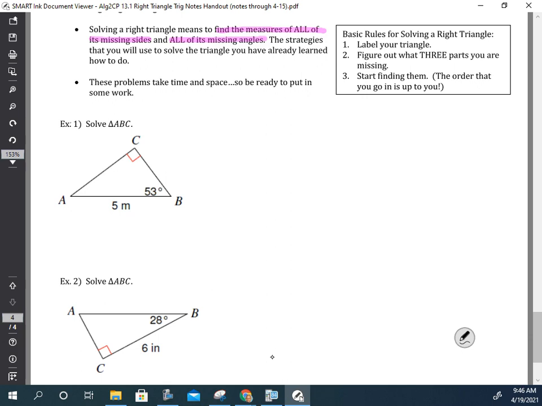So, if you are solving for a triangle, that means you're finding everything that's missing. So we first have to look at what's missing. For example 1, what are the things that are missing? We don't know side AC.